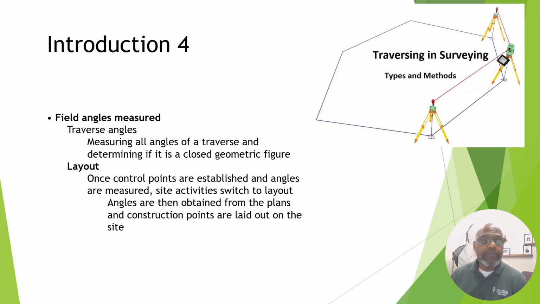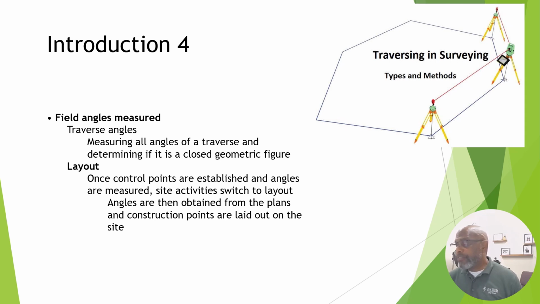So we're going to look at field angles measured, going into traverse angles and layouts. Traverse angles are measured when the relative location of a series of control points to each other is needed. In other words, more than one point in different spots, and you're measuring these different angles.